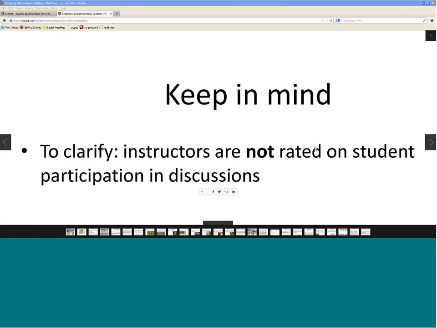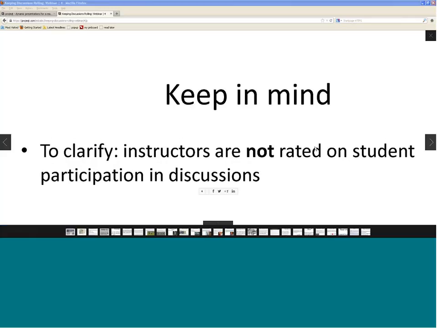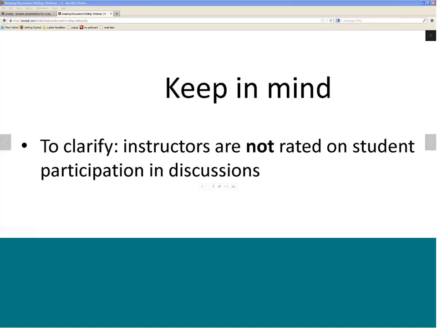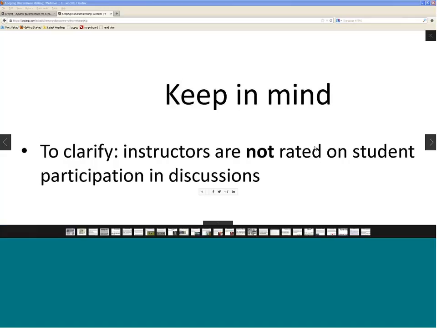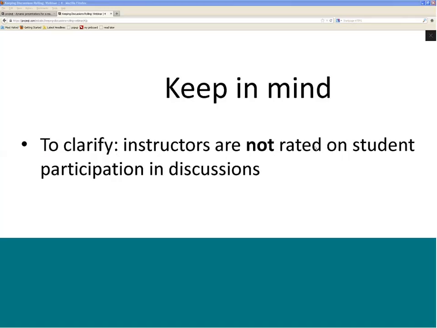One of the things we wanted to emphasize and ask you to keep in mind is that in the quality assurance process, an instructor's performance in their discussions does not include any evaluation by us of the student's participation in those discussions.